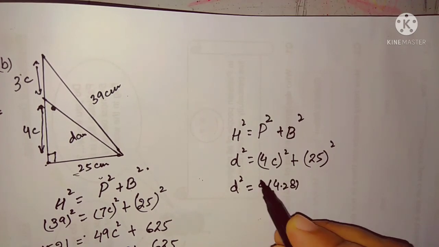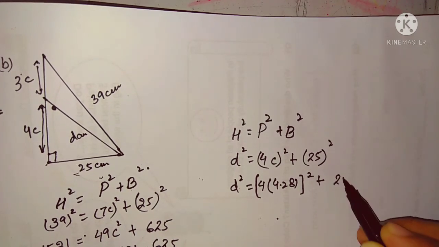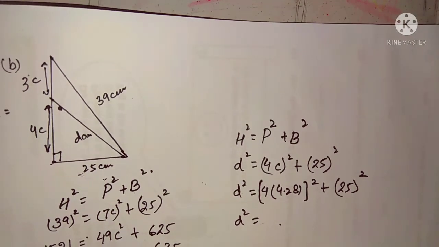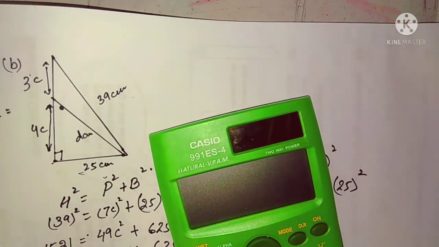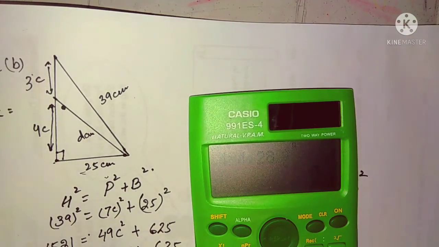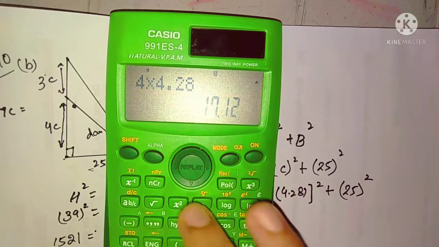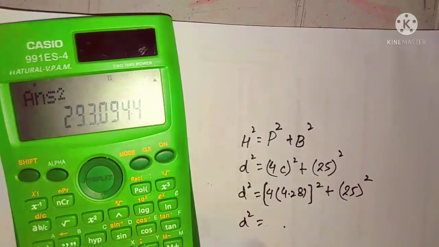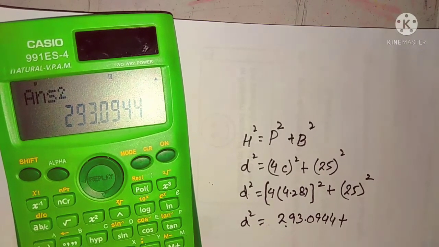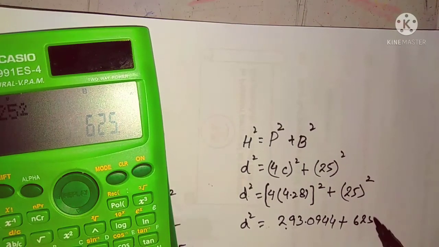So 4c square plus base square, which is 25. Now we will take the square, but for that first I'll multiply 4 with 4.28, then I will take the square. So 4 multiplied by 4.28 will be equal to 17.12.